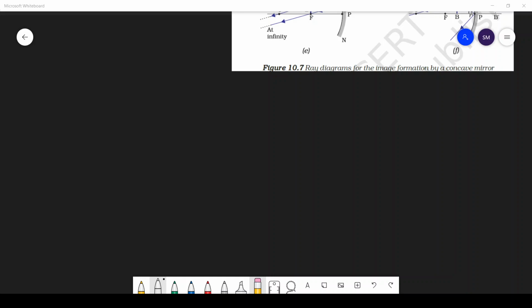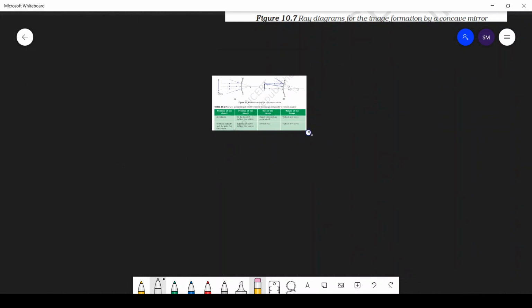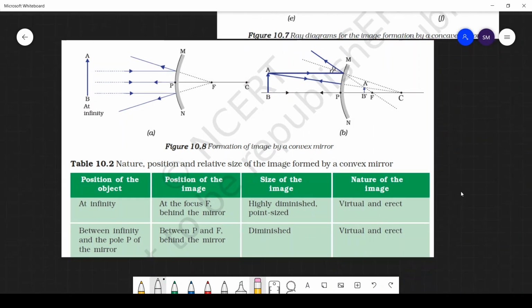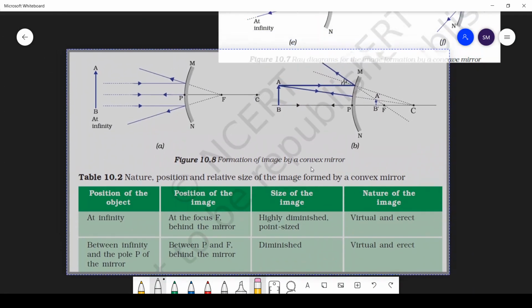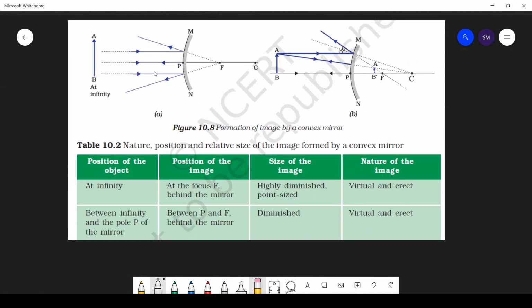So for that you need to see table 10.2 and figure 10.8. So look at these figures.